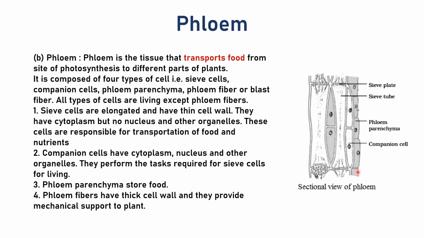Now let's come to the different types of cells. The first one is sieve cells. They are elongated. Have you seen this sieve? This is a sieve cell. They are elongated, right? And food gets mixed with water and then flows through these sieve cells. Sieve cells are long, elongated, and they don't have any nucleus.